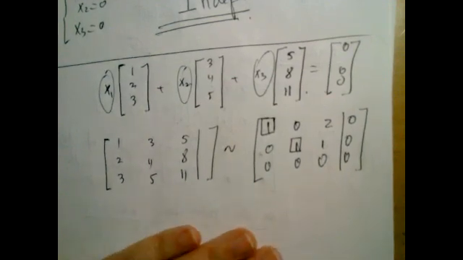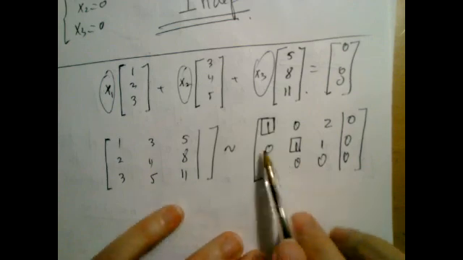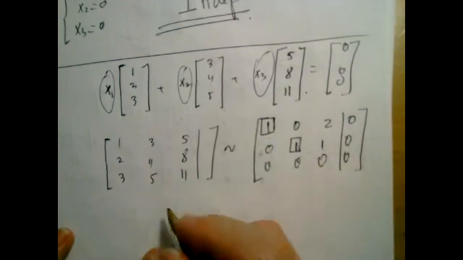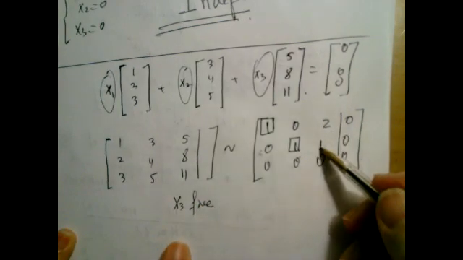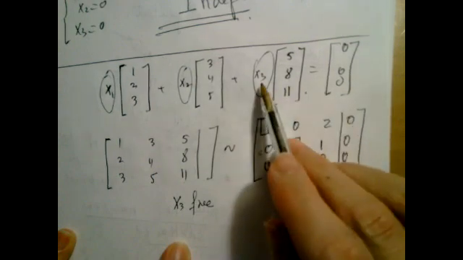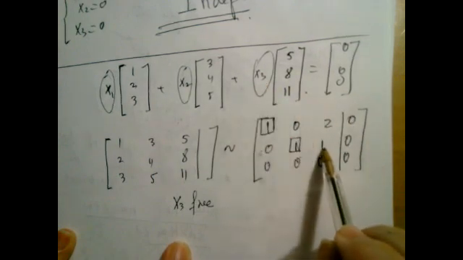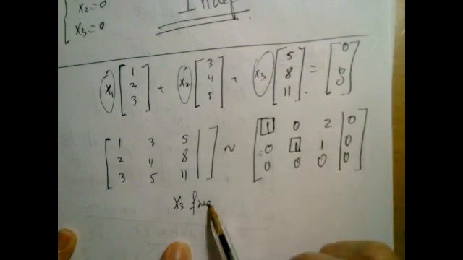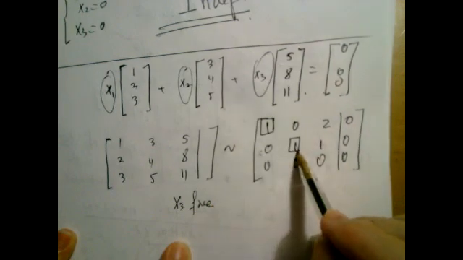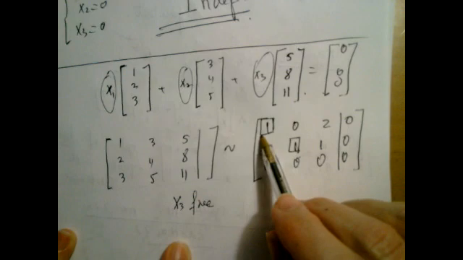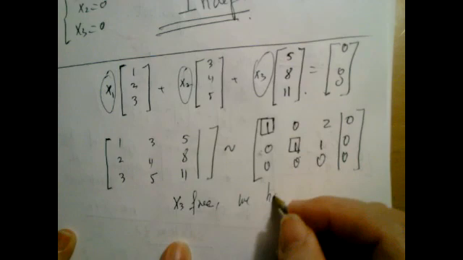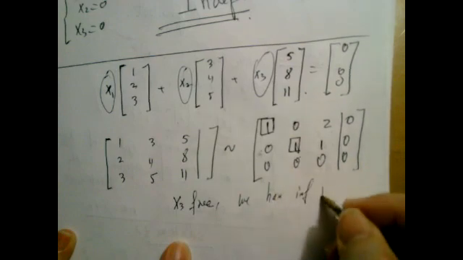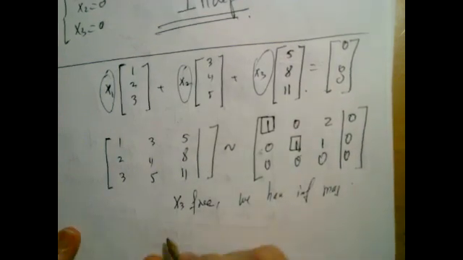Are you with me now? Since x3 is free, what does this mean? It means it can take any value I want. I can give x3 the value 1, 2, 3, and every time I pick x3, I get a different value for x2 and a different value for x1. So since x3 is free, we have a lot of solutions, in particular a non-zero one.